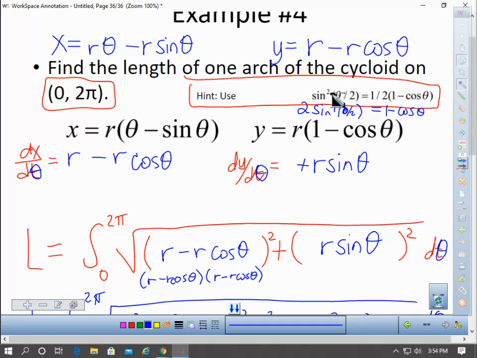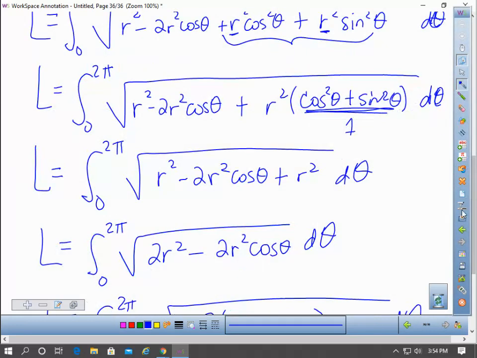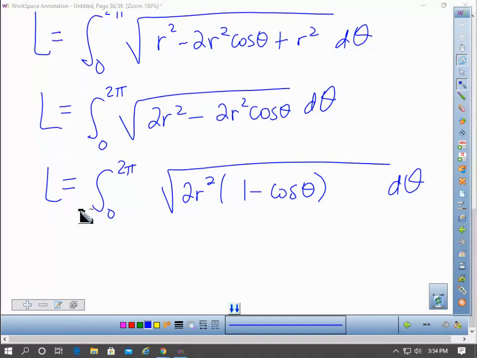So if I multiply the 2 to the other side, then 2 sine squared of theta divided by 2 is equal to 1 minus cosine theta. So I'm going to replace my 1 minus cosine with 2 sine squared of theta divided by 2. All right, so that's going to come down here.